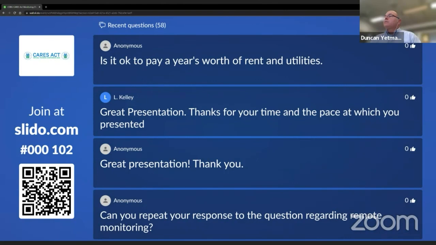Can you repeat your response to the question regarding remote monitoring? So I'm not sure what the exact question was regarding remote monitoring, but I will say this: remote monitoring and on-site monitoring are, from HUD's perspective, indistinguishable. Obviously, with remote monitoring, there's not going to be any client visits, visits to public facilities or housing units.